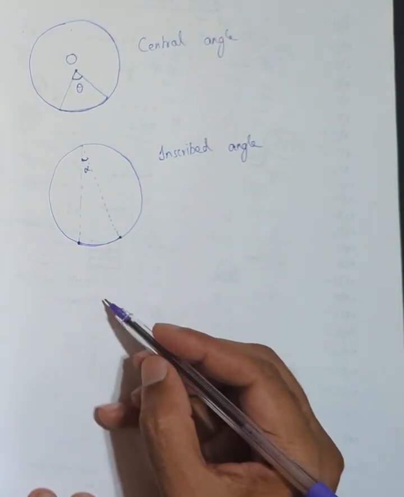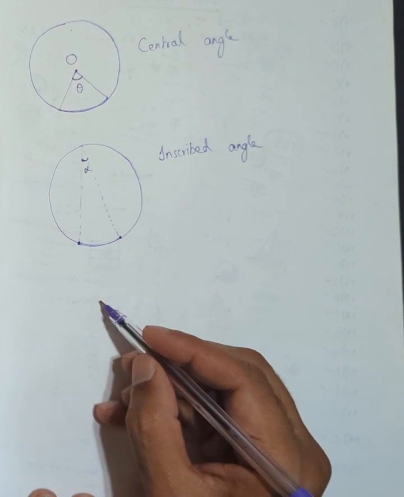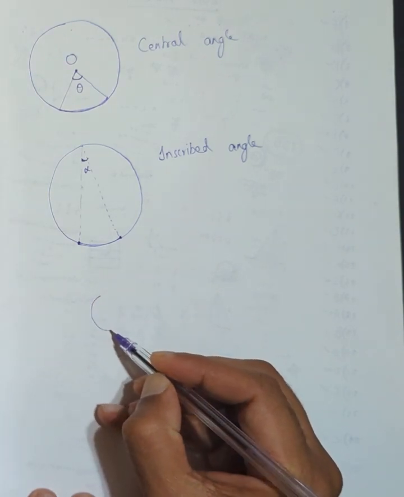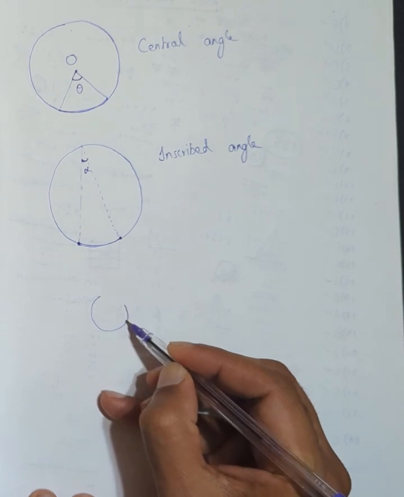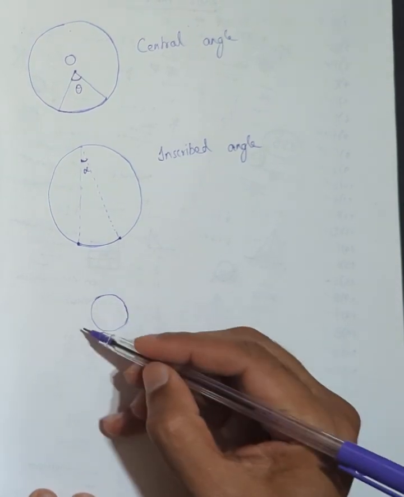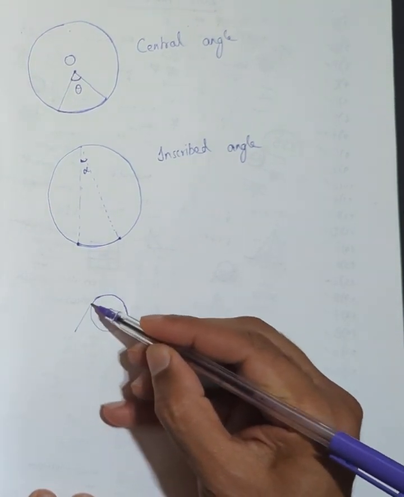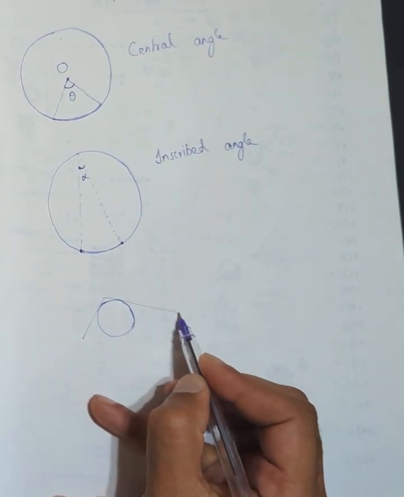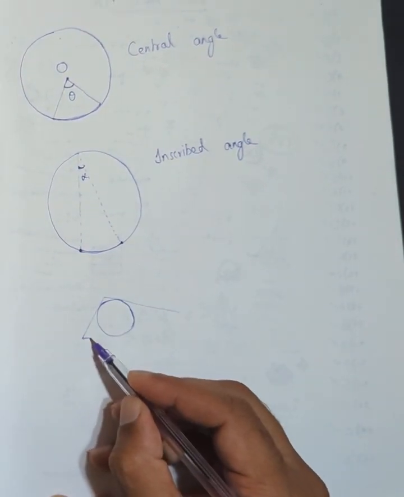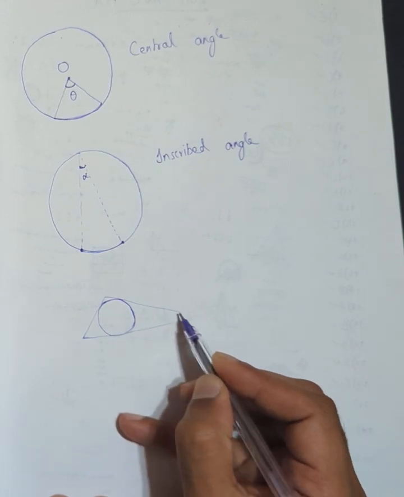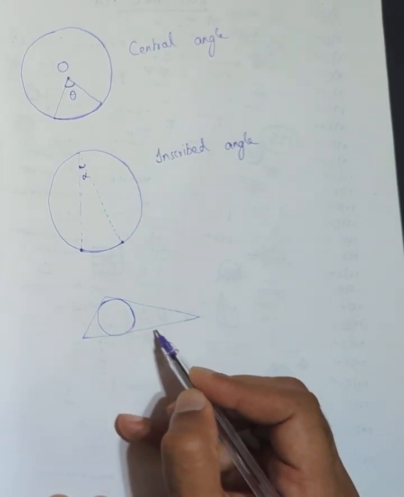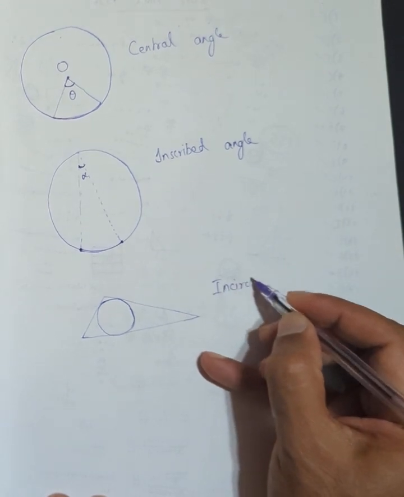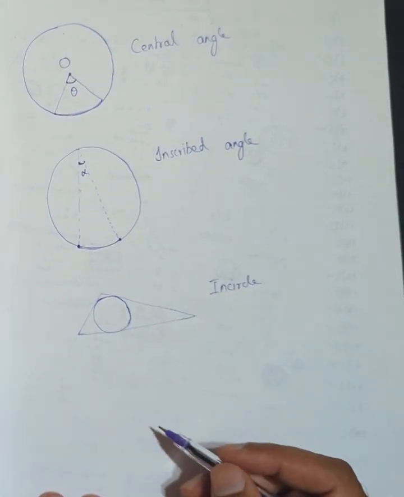And if a circle lies entirely in a triangle, so let me first draw a circle and then I'm going to draw a triangle. So such a circle is called incircle because it's inside the triangle.